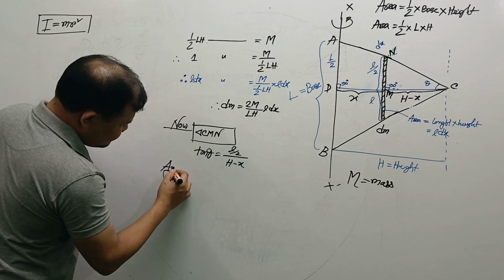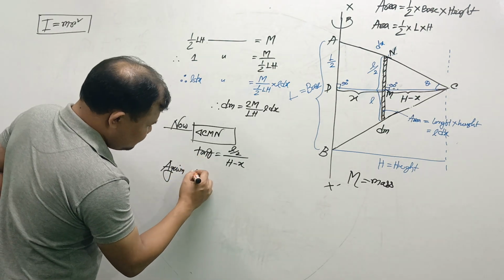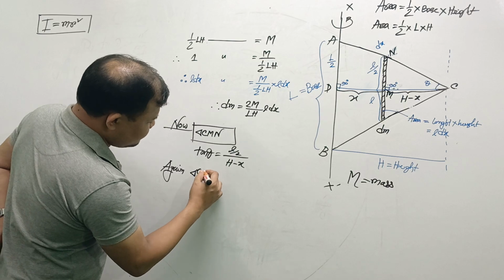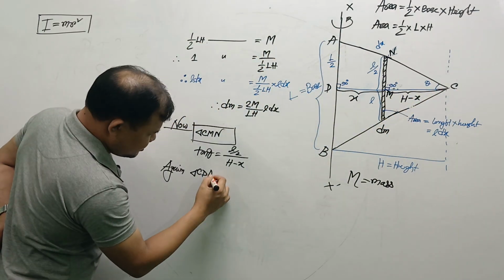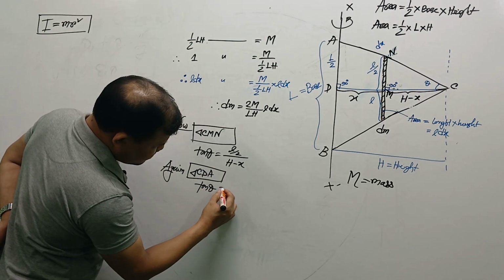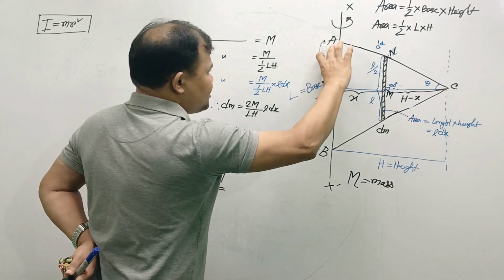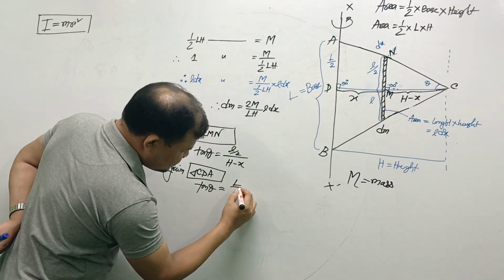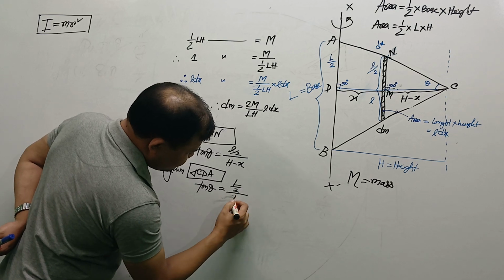Again, from triangle CDA, we can write tan theta is equal to height divided by base. Height means l divided by 2, and base means total h.